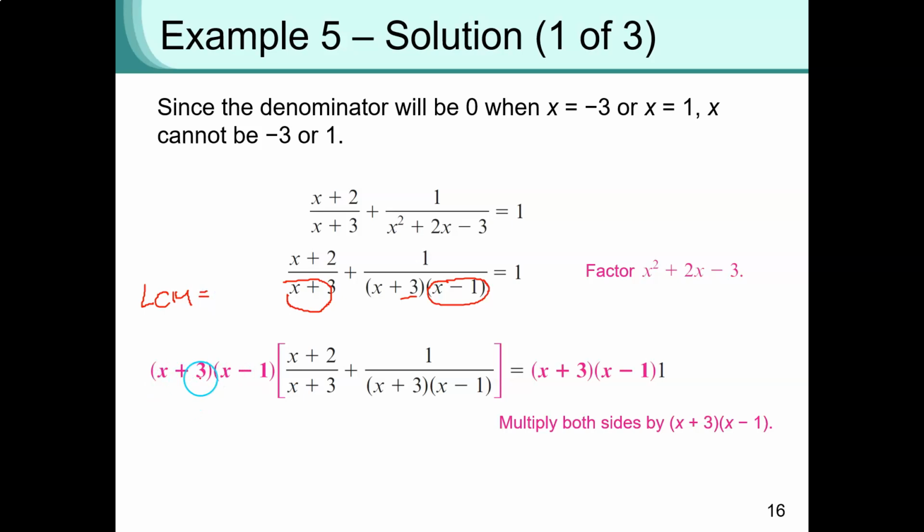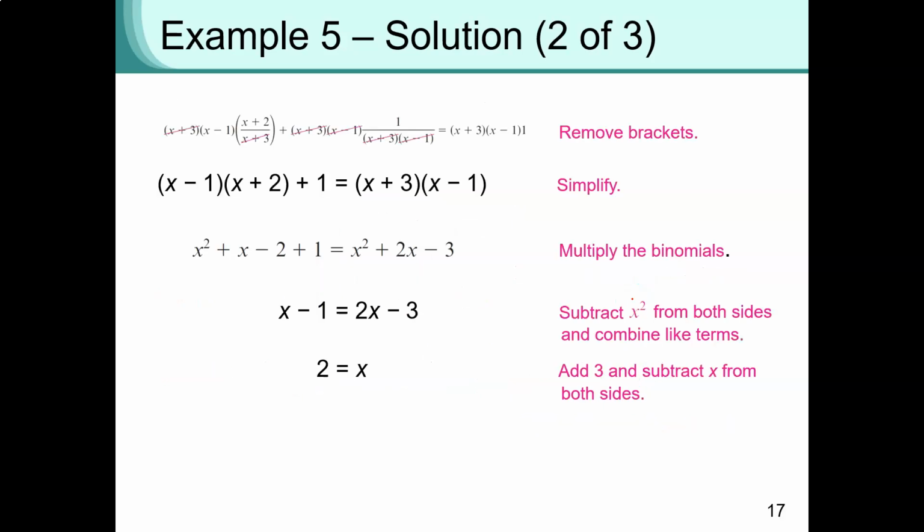So we multiply the LCM to both sides of the equation. And then we cancel out the like term with the denominator. So x plus 3 cancels with x plus 3. So you'll have the x minus 1 multiplied with x plus 2.